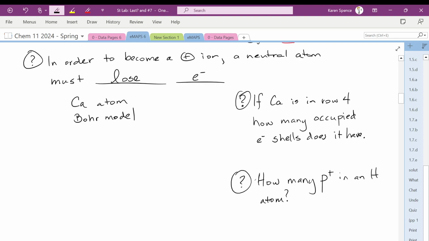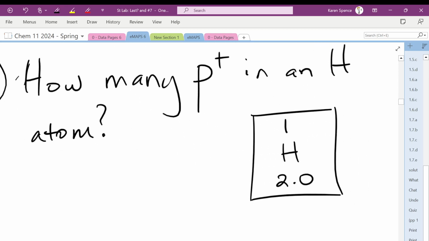I want you to look at your periodic table. How many? Is it 2 or is it 1? 1. There's 1 proton. Remember, what is this number here? This is the atomic number.